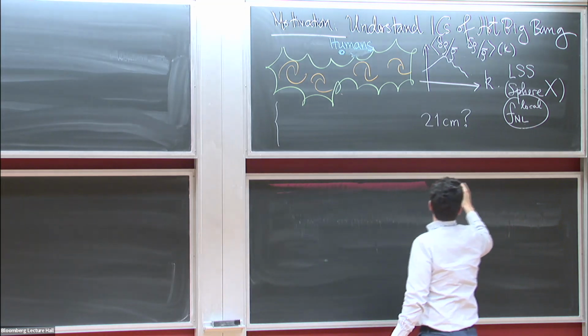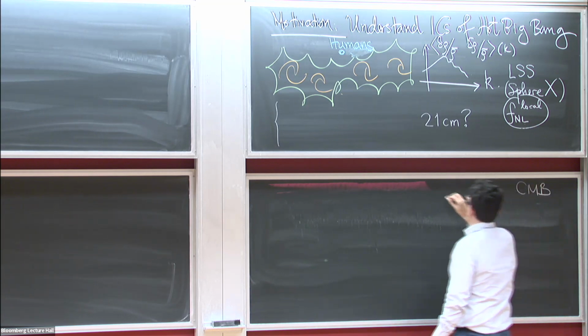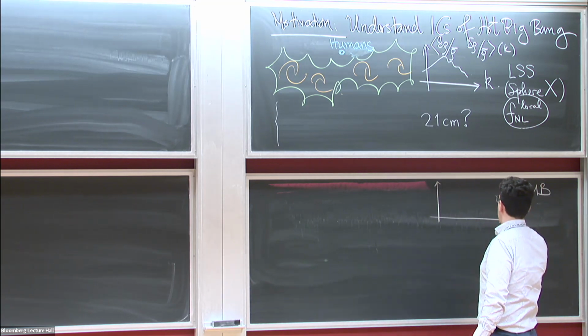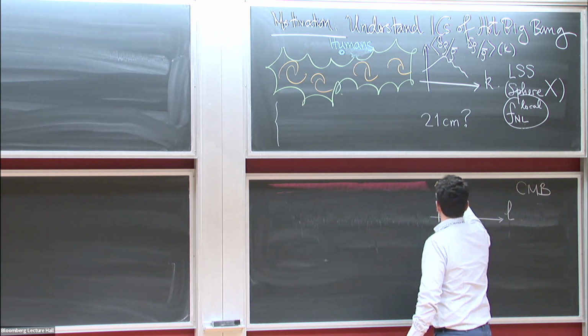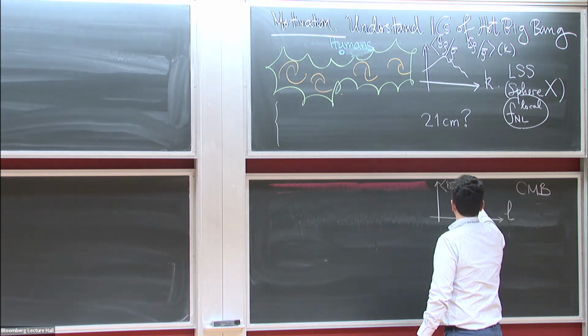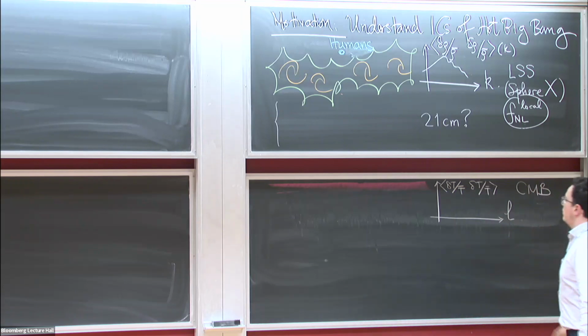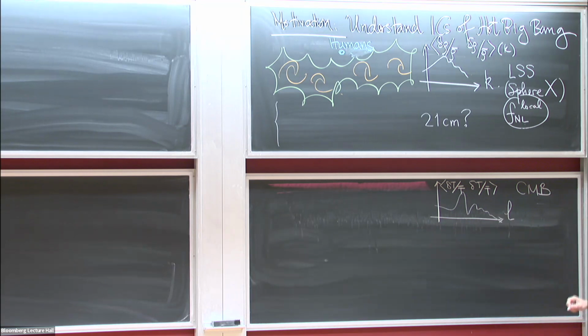And okay, so then if you keep running the clock backwards, you can also look at the temperature perturbations in the CMB. Now it's a snapshot on the celestial sphere, so we go to multipoles. We can plot this temperature two-point function, and we see these beautiful acoustic peaks and so on, some damping tail or whatnot.